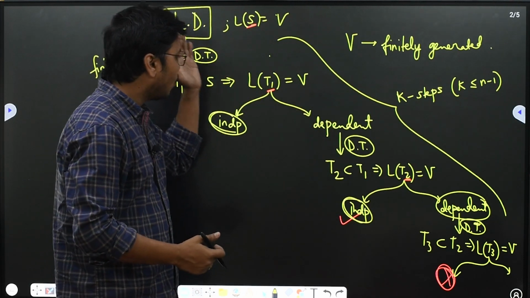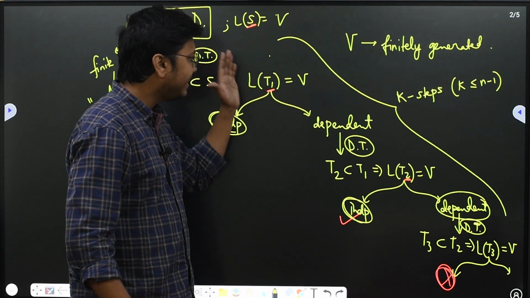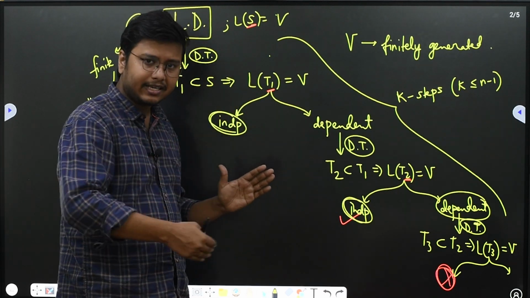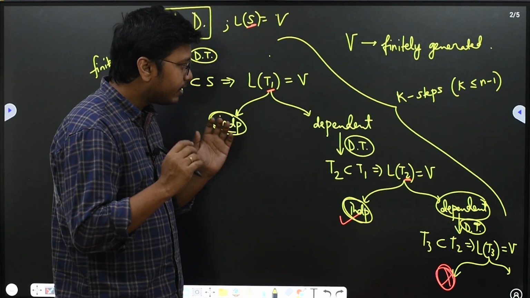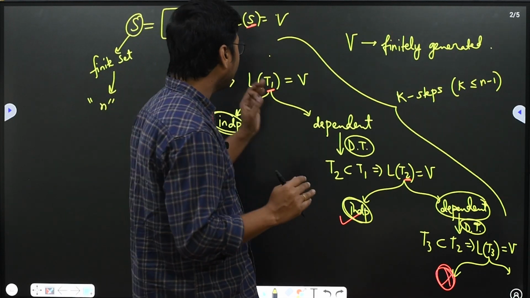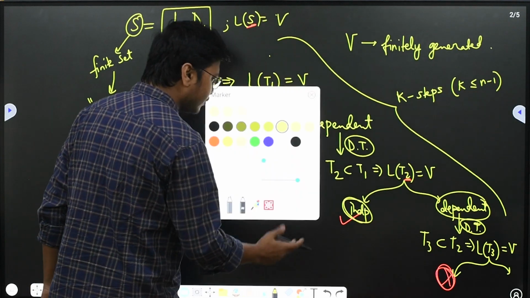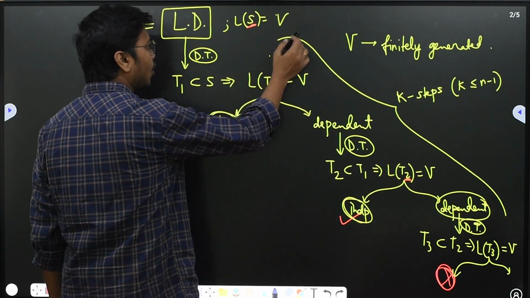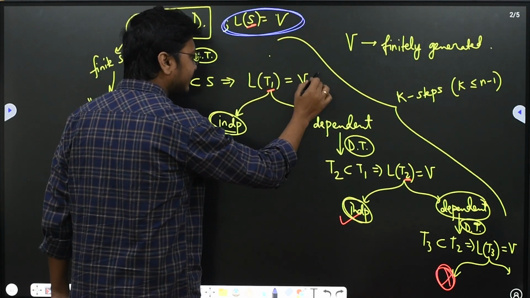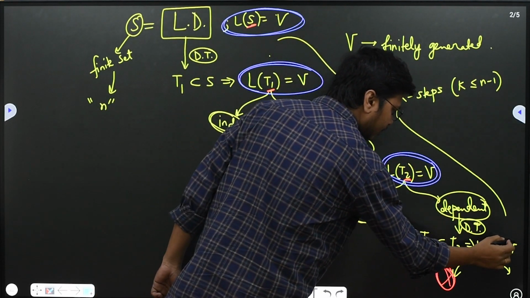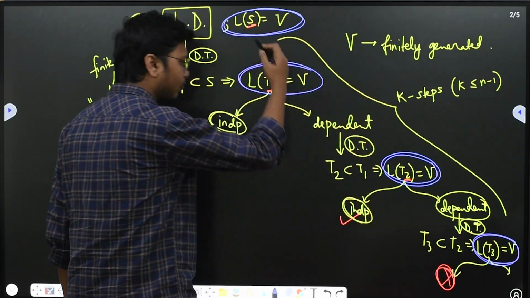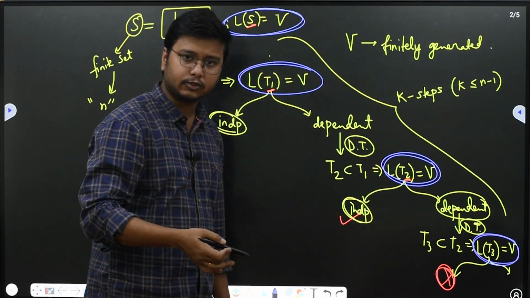Now, why did I continue deleting n minus 1 times? Why did I keep deleting? What was the purpose of deleting? What we are trying to do, we know that every time one thing is remaining constant. If you observe, whatever set we are getting, it is ultimately generating the vector space V. So this concept remains constant, that whatever set we are getting, it is generating the vector space.